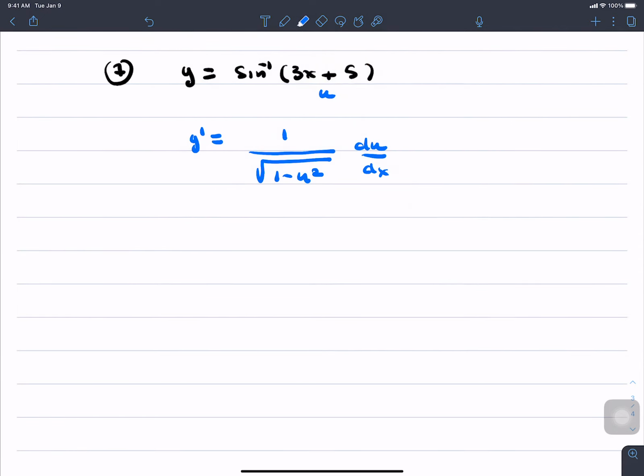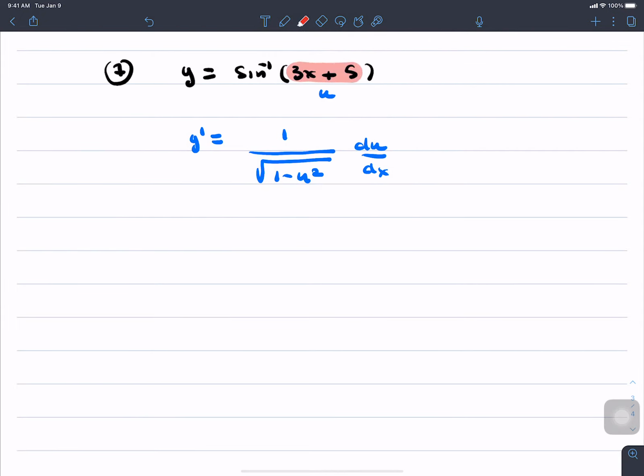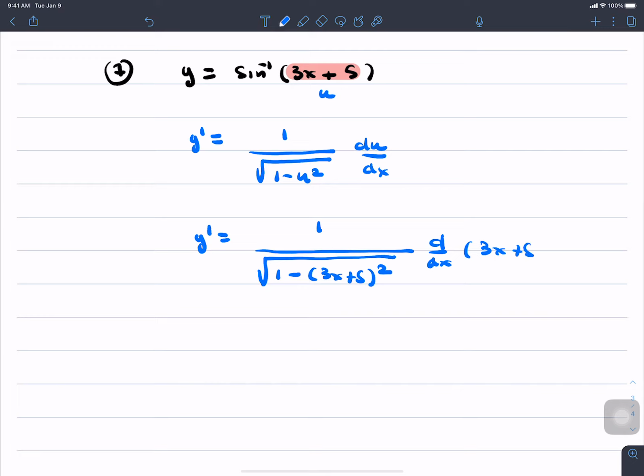Let's maybe be consistent with our colors. Who knows? Let's use red. Here's that u. So the derivative will be 1 over square root 1 minus 3x plus 5 squared, now times the derivative of 3x plus 5.